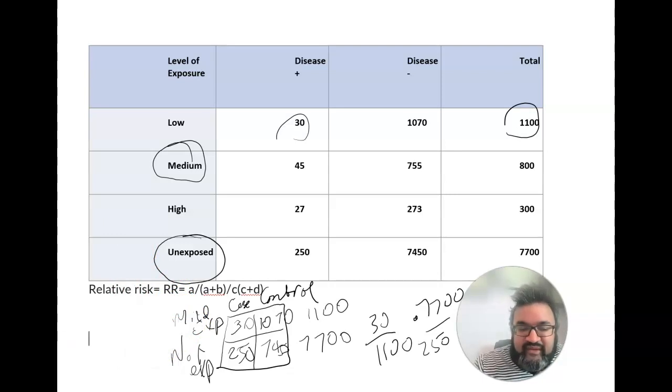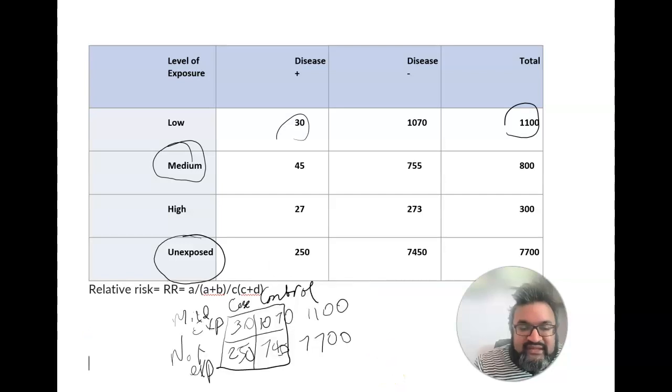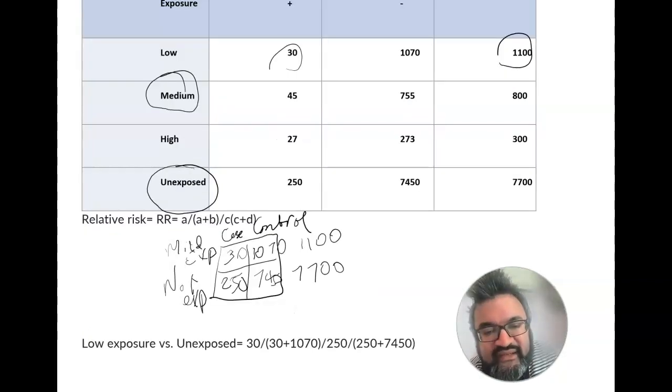Now, when you have moderate exposure, you use kind of the same numbers. However, you replace the top row. So let's just draw this again.